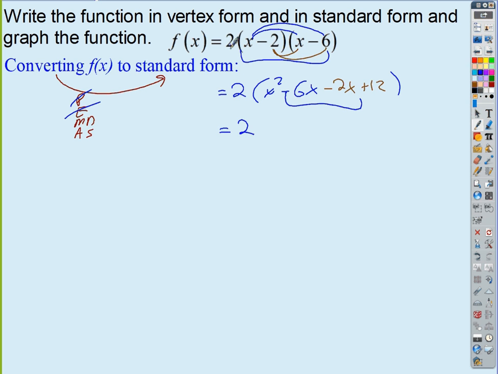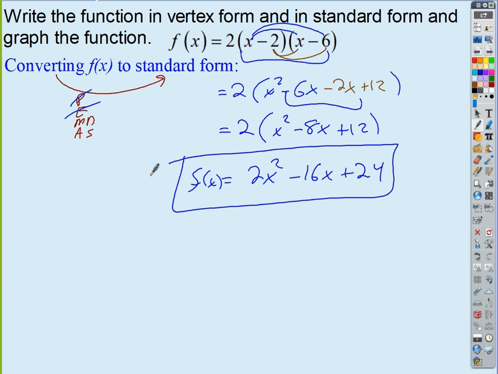So I get my 2 out front times x squared. What's negative 6x minus 2x? Good. And then if I distribute my 2, what do I get? Done. Right, so that's easy. Converting to standard form just means PEMDAS, simplifying, okay?